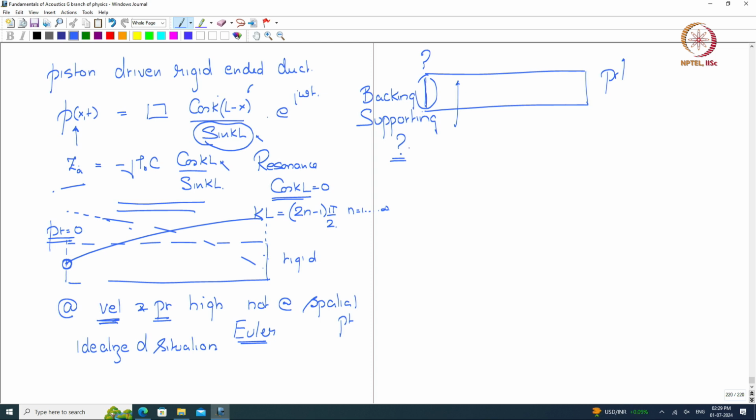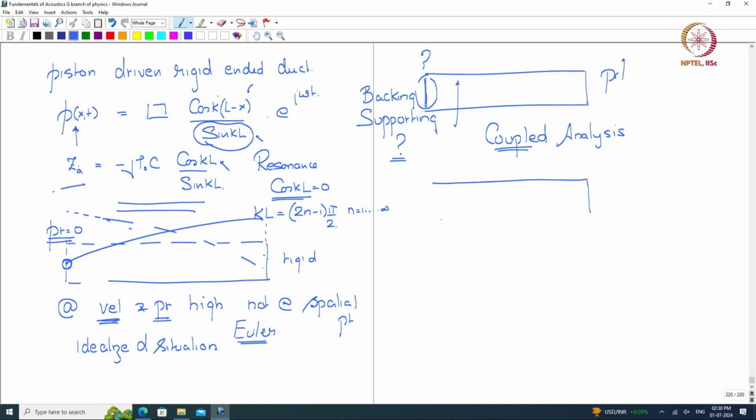Okay. So if truly pressure starts to go to infinity, you have to do a coupled analysis. It is no more linear. First of all, you have to do a coupled analysis, and nothing goes to infinity. If you build it, actually nothing goes to infinity. But how will you build it?